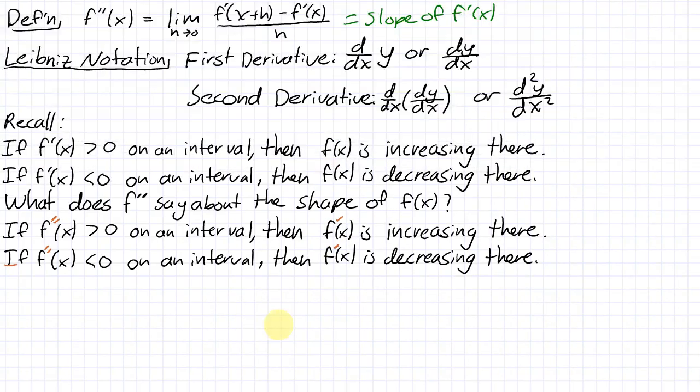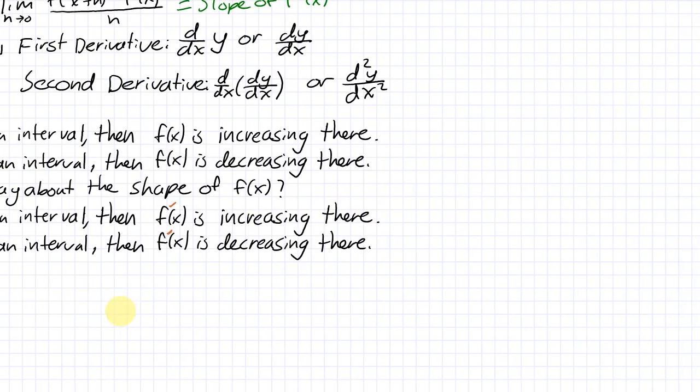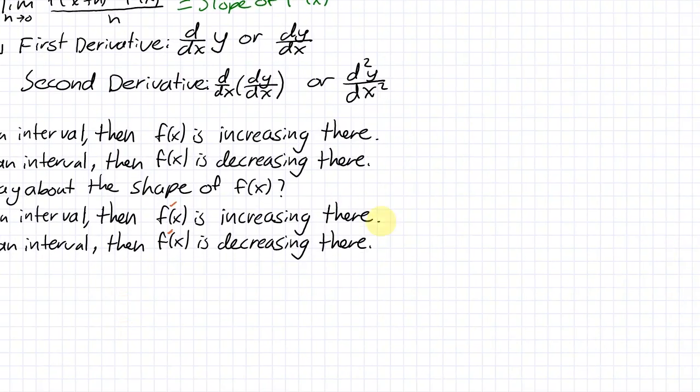And what does that say about the actual graph of f? If f prime is increasing, that means the slope is getting more and more steeply positive. That goes along with being concave up, and we'll look at an example of why that is in a second.